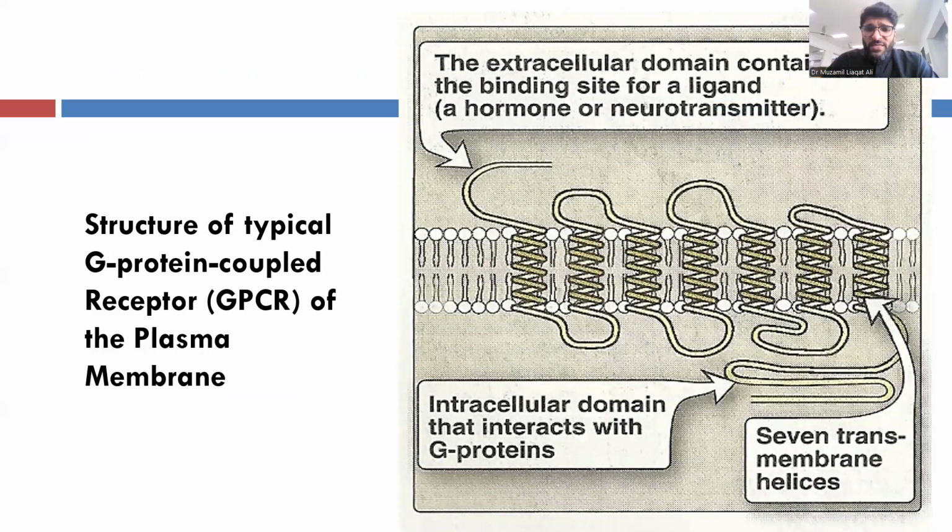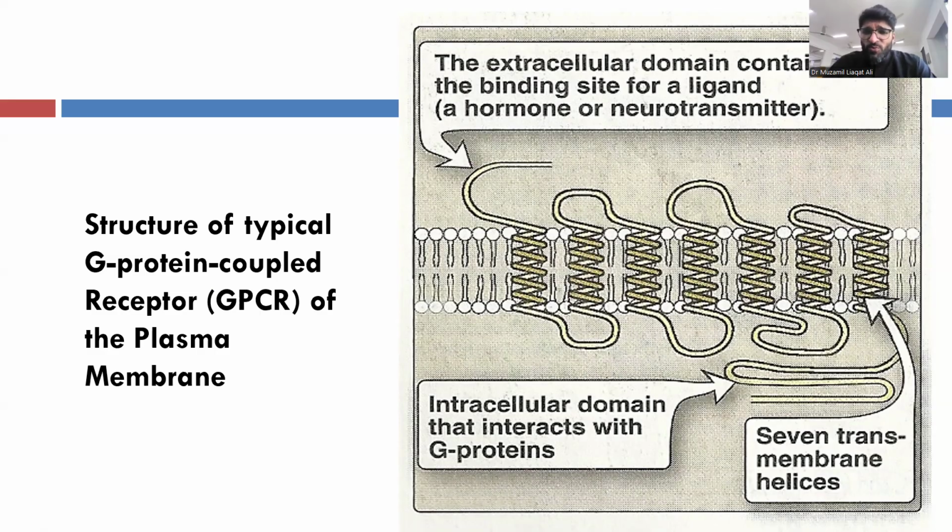Now, let's move to the structure of a typical G-protein coupled receptor, that is GPCR, of the plasma membrane. As you can see on your screen, a typical GPCR is an integral membrane protein with seven alpha helical transmembrane domains. The N terminus is extracellular and forms a ligand binding pocket.